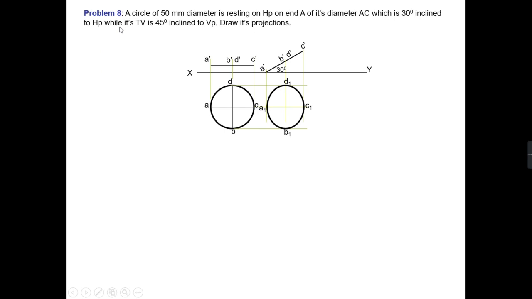Now it is asked you to rotate this circle by 45 degrees so that your top view can be 45 degrees inclined to the vertical plane. This is your top view. Okay, so this top view should be at 45 degrees with the XY line.